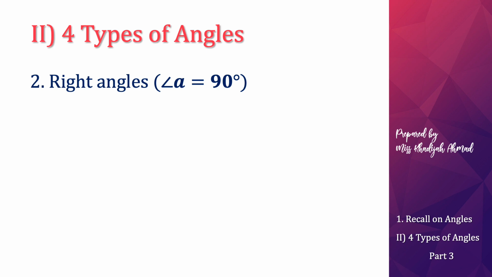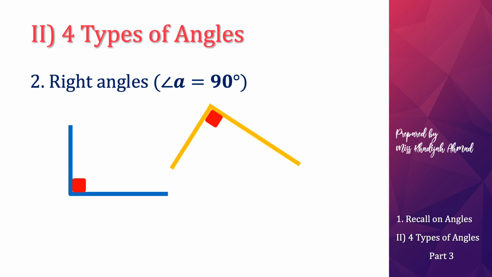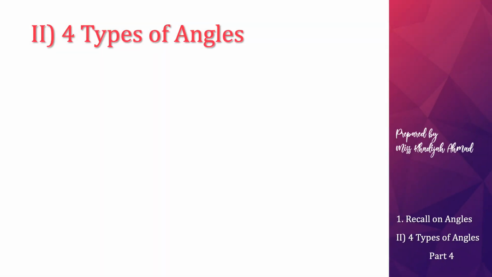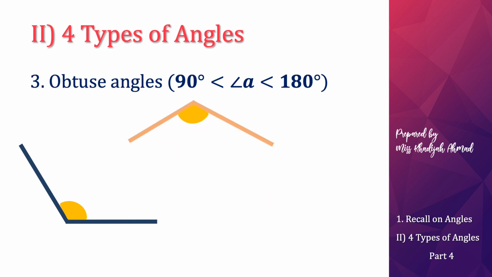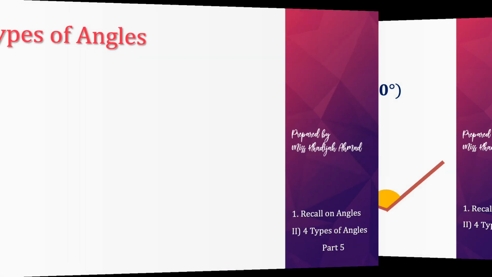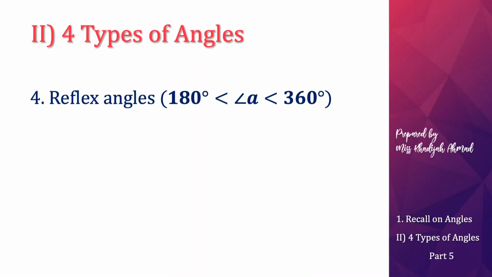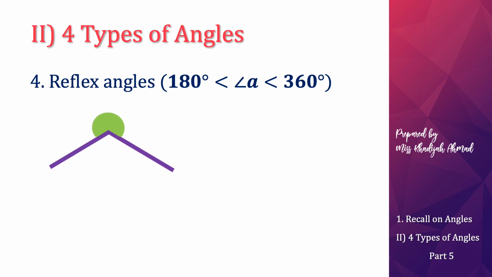Right angles are exactly equal to 90 degree. Obtuse angles are between 90 degree and 180 degree. You could say it is always more than 90 degree but less than 180 degree. Reflex angles are more than 180 degree and less than 360 degree.